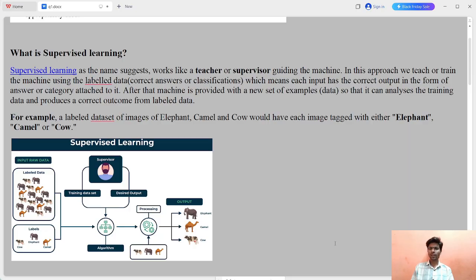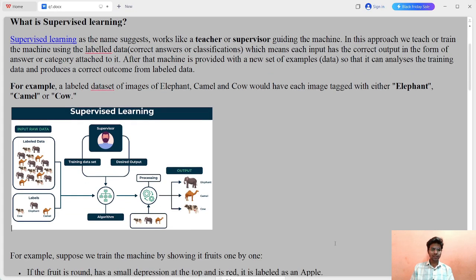After that, the machine is provided with a new set of example data so that it can analyze the training data and produce a correct outcome from the labeled data. For example, a labeled set of images of an elephant, camel, and cow would have each image tagged with either elephant, camel, or cow.